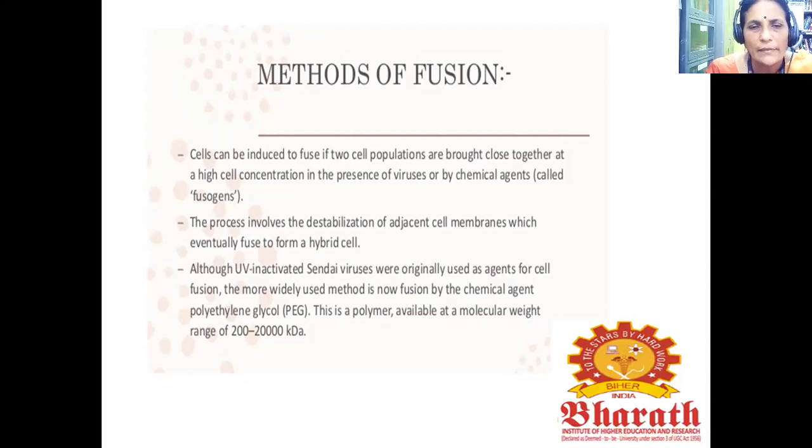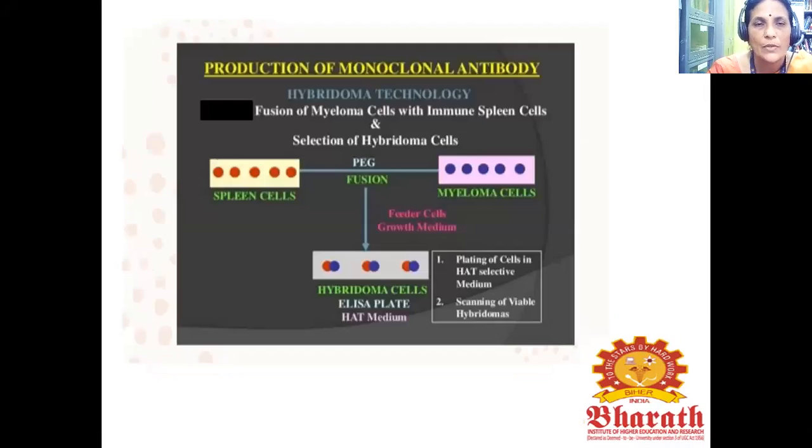Although UV inactivated Sendai viruses were originally used as agent for cell fusion, the more widely used method is now fusion by the chemical agent polyethylene glycol. This is a polymer available at low molecular weight, in the range of 200 to 20,000 daltons.